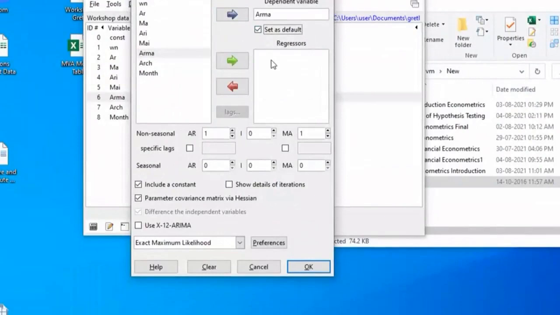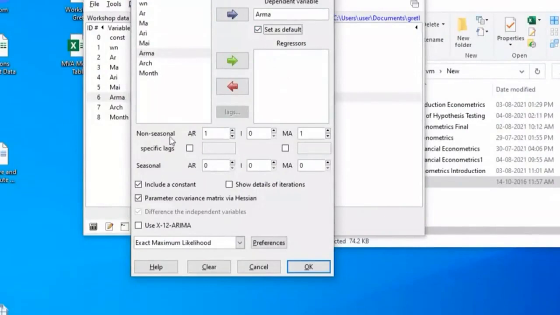In that case, we will get a new model called the ARMAX model, that is, an ARMA model with an X independent variable. That is ARMAX.